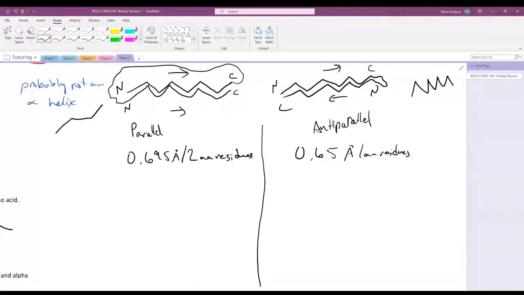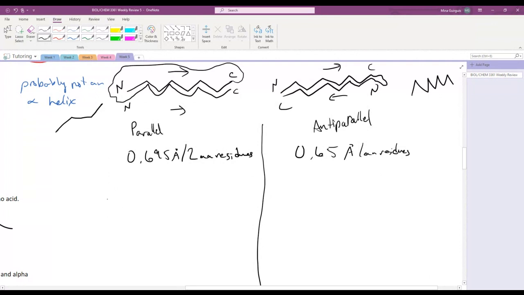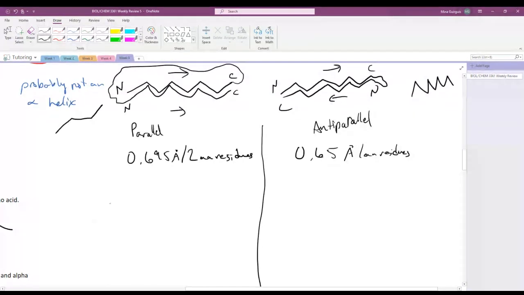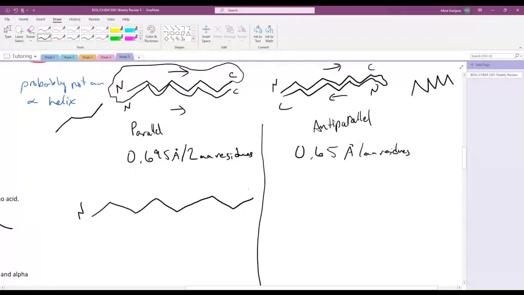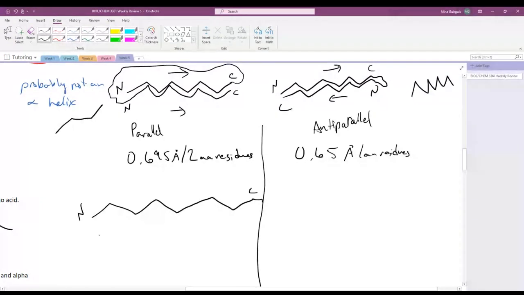The second difference is in the bonding. I'm trying to think of the easiest way to draw this without drawing an entire structure. So when we have something like this, and I'm just going to draw N to C, and then this is going to keep going and loop around to here. And then once again, our N to C going this way.